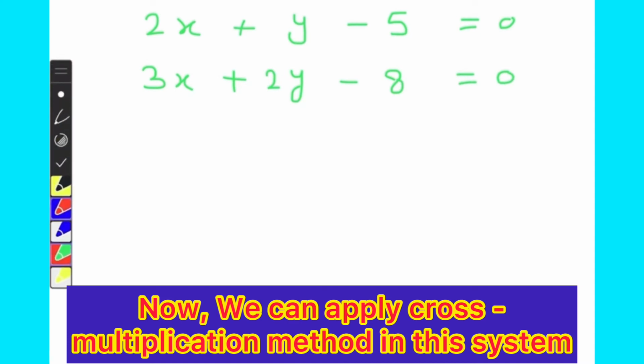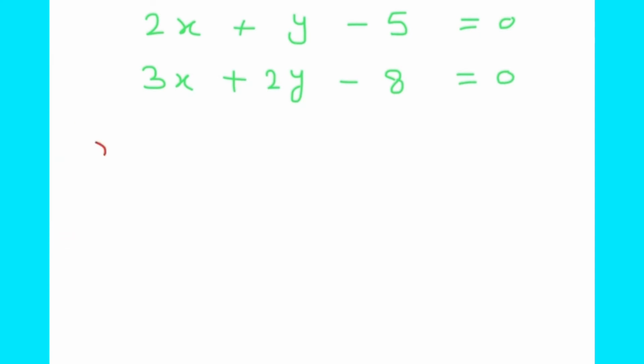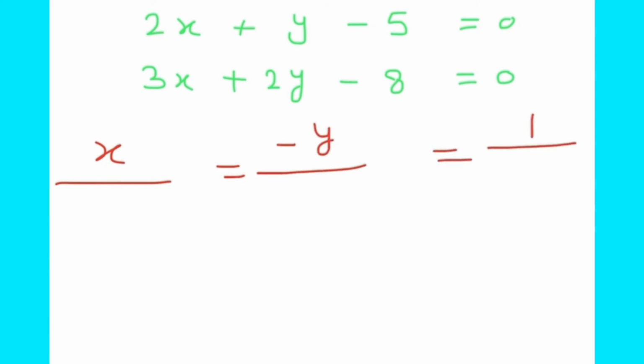And again dear, you will write here just like that, x upon, equal to minus y upon, and this equal to 1 upon. So keep in your mind that here the negative sign is compulsory.